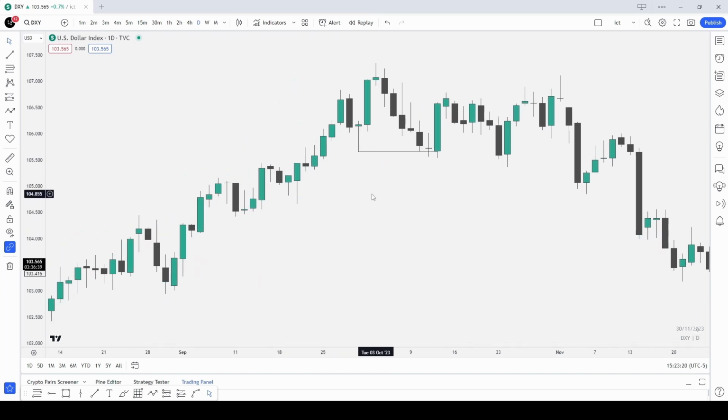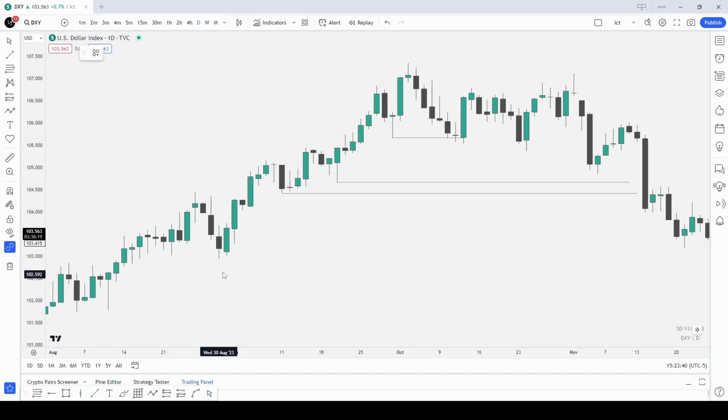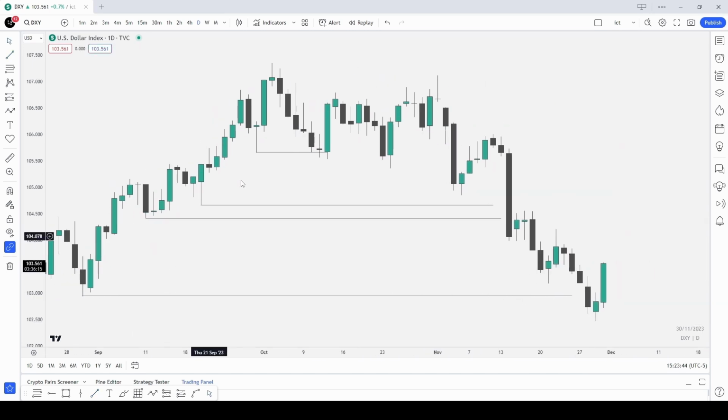We know that we use these as liquidity, and as we trade lower, these swing lows get tagged and used for liquidity. As you can see here, all the swing low formations that we used as we were moving up are now being used for people going short to get out of the market. And as you can see, that all works out as we're trading lower.